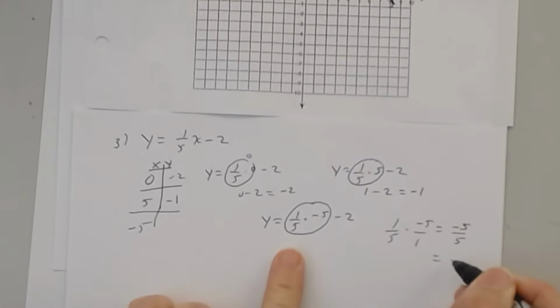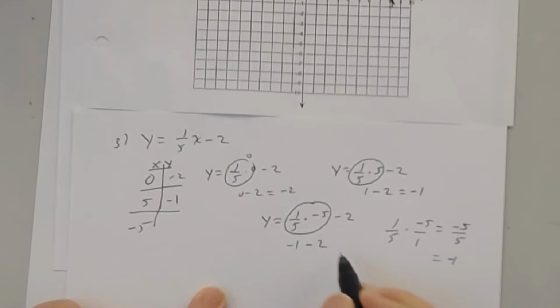What's that reduced? -1. So I get -1 subtract 2. Remember, always change. If you have trouble with your signed numbers, use your calculator. But basically, you got to remember, you change this to an addition problem. So this becomes -1 plus a what? -2, which is -3.